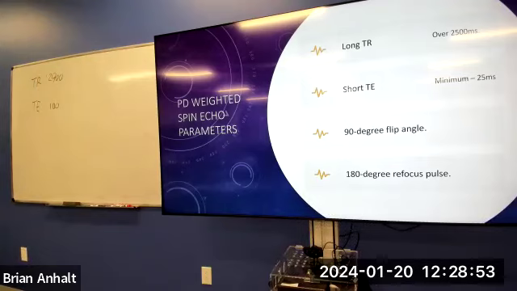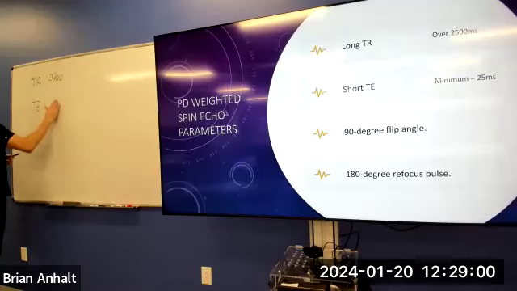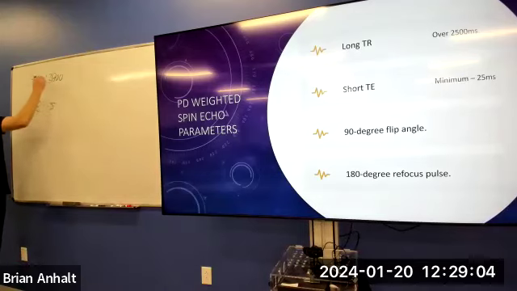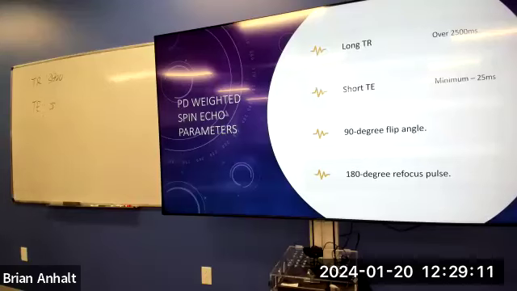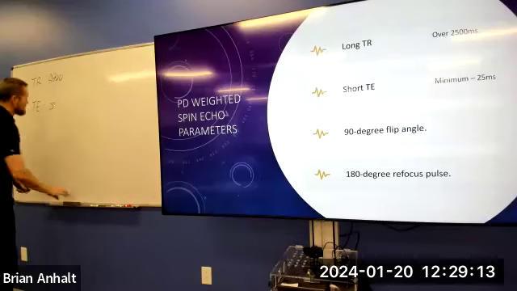T2, right? Gotta know those ranges. It's not that hard though. Just gotta memorize what ranges we're at. What's that? Short TR, short TE, we're within the range though, right?